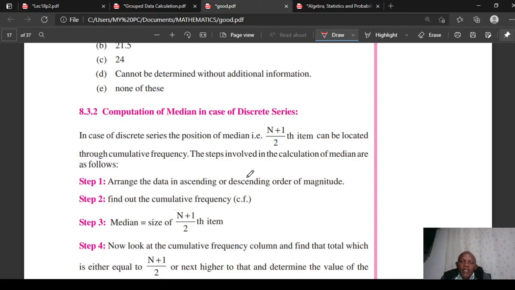In case of discrete data, let me make some clarification here, that we have basically two types of data sets. One is called continuous data, the other one is called discrete. If you are selling things like cows, goats, pairs of shoes, tables, you cannot sell them in halves.